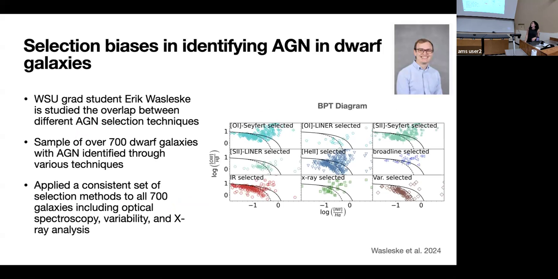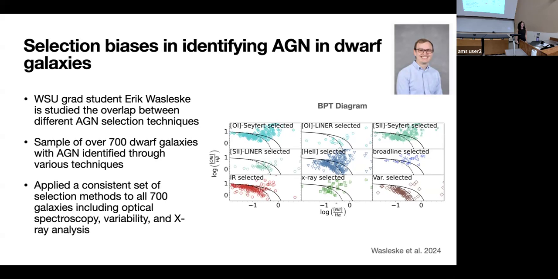So Eric Wisleski has been studying these selection biases associated with different active galactic nucleus identification techniques. So what Eric did was to compile a sample of over 700 dwarf galaxies that were found to have active black holes in a bunch of different ways.